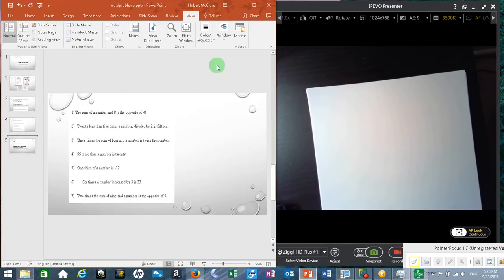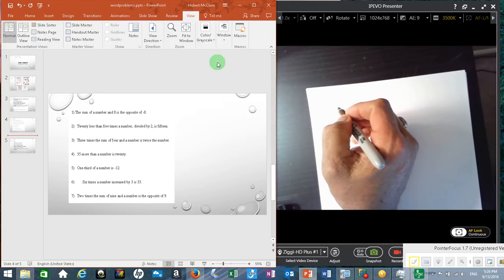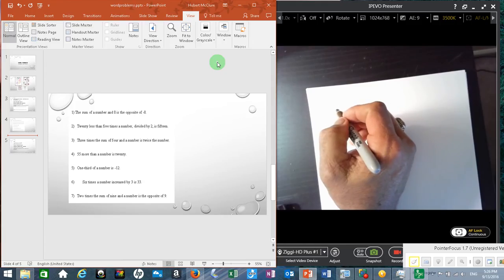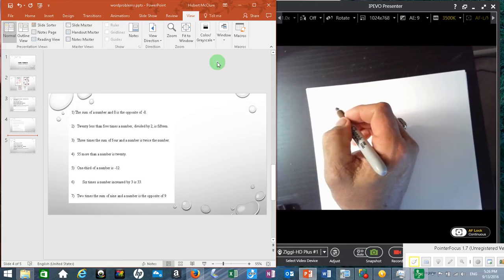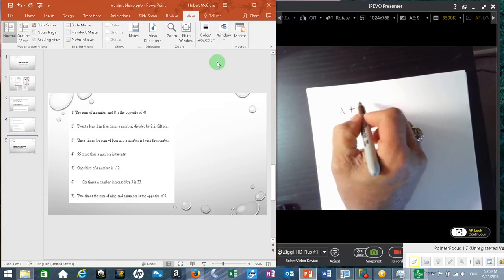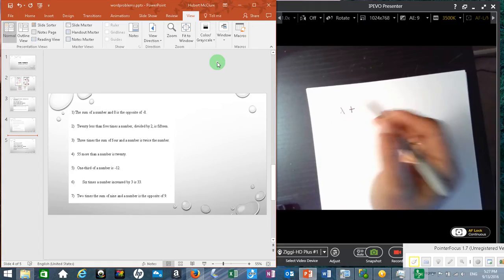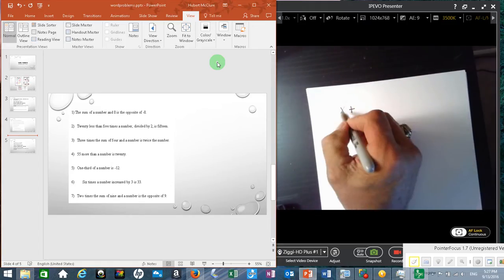All right, the first one says the sum of a number and 8 is the opposite of negative 8. The sum of a number that has no description whatsoever, that's x.